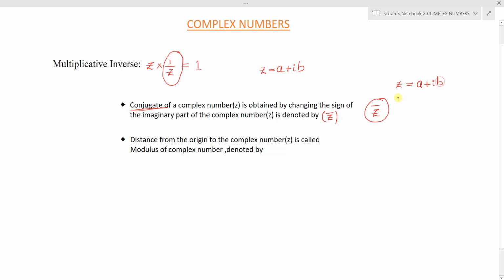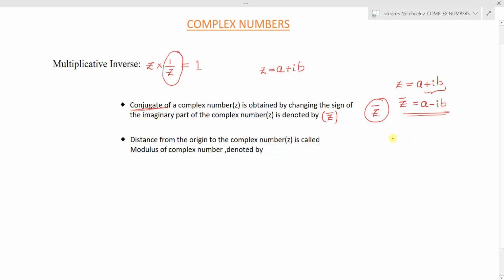Then its conjugate, z bar, is obtained by changing the sign of the imaginary part. a is the real part and b is the imaginary part. Here it has plus, so you change it to minus.